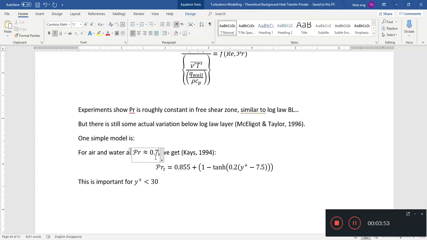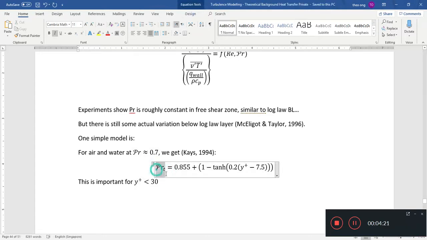Actually, if you pressurize water and raise the temperature beyond the normal atmospheric boiling point of 100 degrees C, you can raise water to about 180 degrees, 200 degrees, even higher, and you will get a Prandtl number around this range. So this is how you get water to have this sort of Prandtl number. It has to be pressurized.